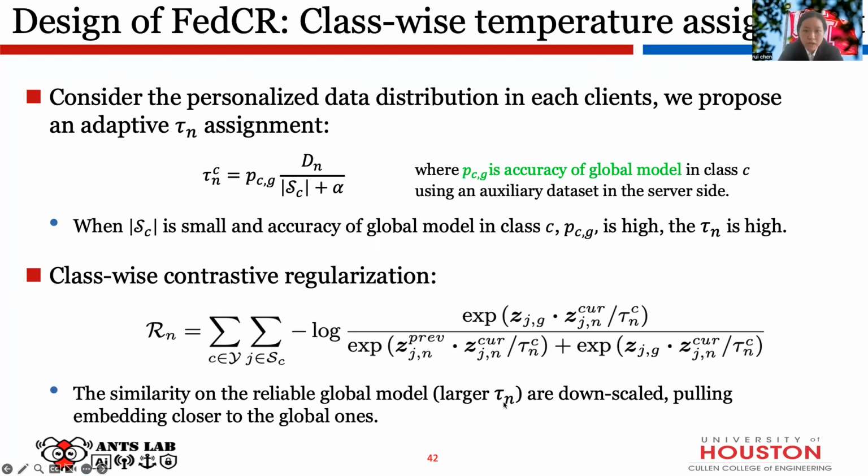When we have a high temperature for the class C, that means the similarity on the highly reliable global model will be downscaled, and it will pull the local embedding space closer to the global one. On the other hand, the similarity on an unreliable global model will be upscaled, so it will less encourage the embeddings to be close to the global model and learn in a more unified way.